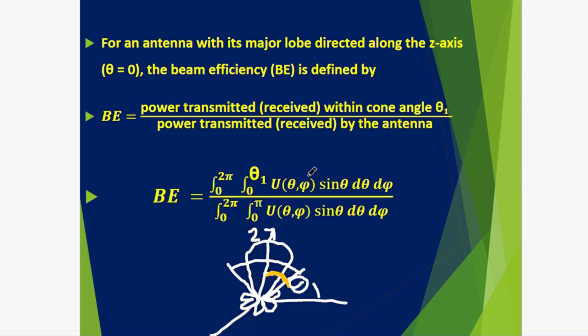As the numerator is the power within cone angle θ1, the phi limits are 0 to 2 pi, but the theta limits are only 0 to θ1, because you have to find the power transmitted within the cone angle θ1. Divided by the total power, hence you consider the total limits: theta limits 0 to pi and phi limits 0 to 2 pi. This is the beam efficiency formula.